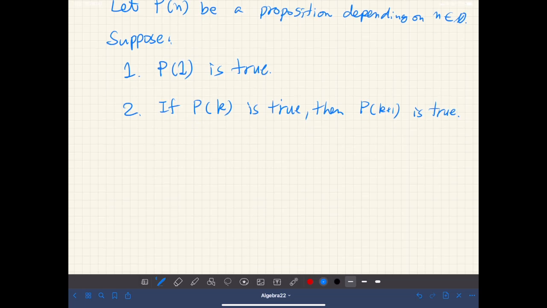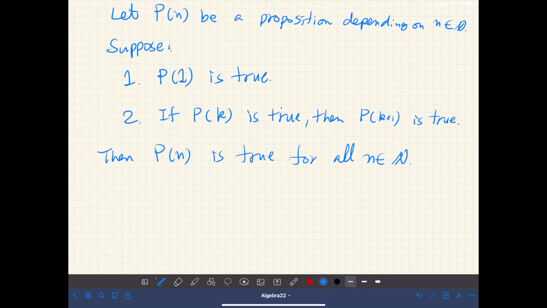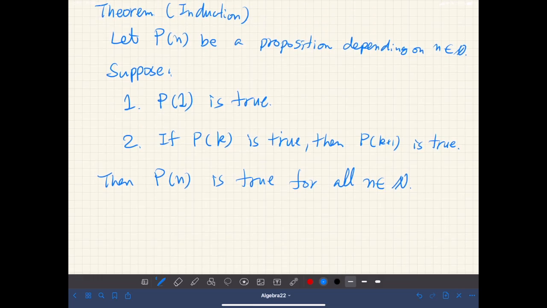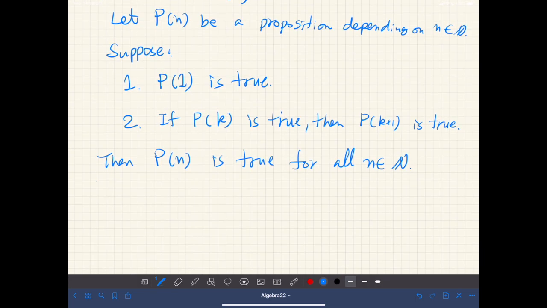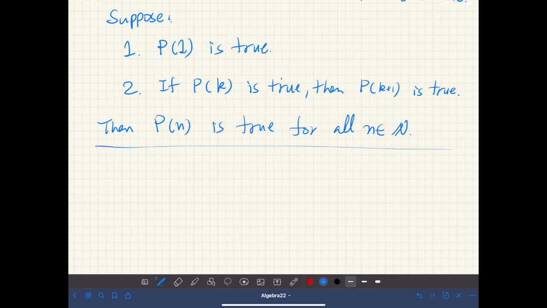Then P of n is true for all natural numbers n. So this is the principle we use to prove many theorems. That is the mathematical induction. But this is a theorem here, and we are going to prove this.